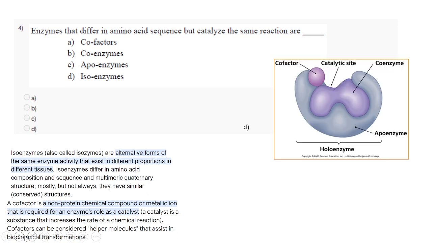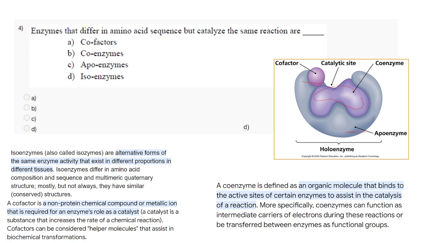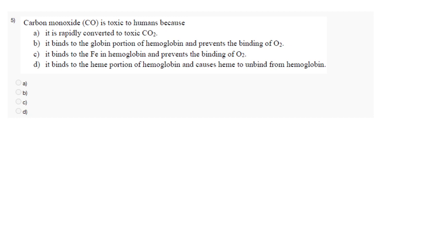Here is a simple depiction of the cofactor, apoenzyme and coenzyme: this is the cofactor, this is the coenzyme, and the apoenzyme, totally, is the holoenzyme. A coenzyme is defined as an organic molecule that binds to the active site of a certain enzyme to assist the catalysis of a reaction. More specifically, coenzymes can function as intermediate carriers of electrons during a reaction, or transfer between enzymes, as a functional group.